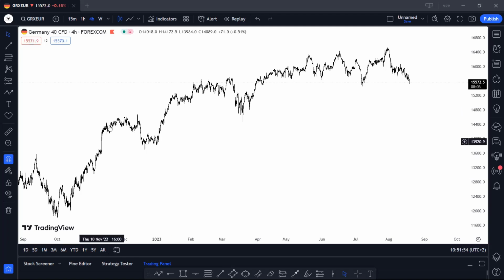Like here, this is a push to the upside, then a strong pullback, push, pullback, push, pullback. As you can see here, this has been happening for a long time, like since last year, I guess, with this major bullish market structure.